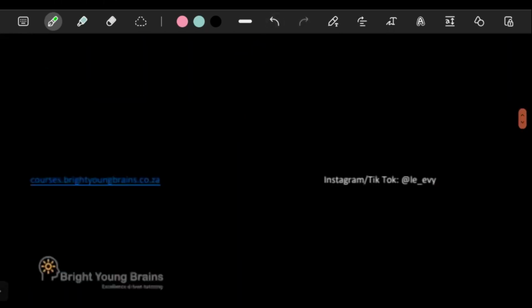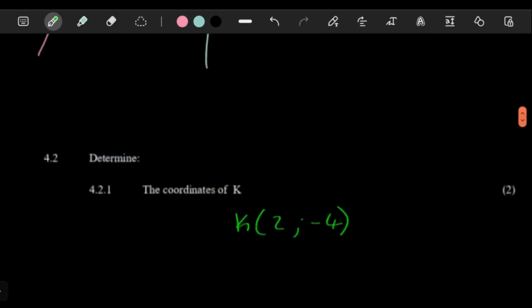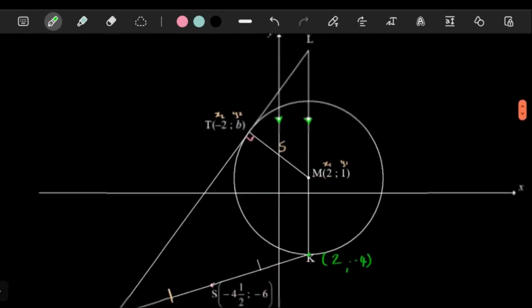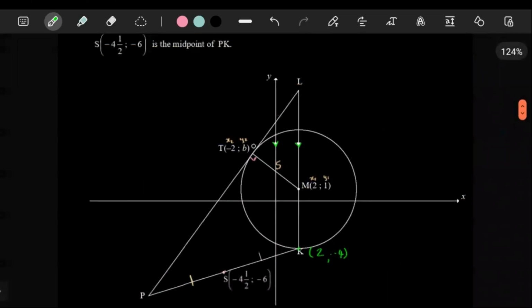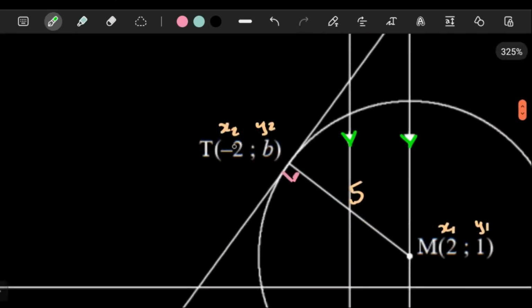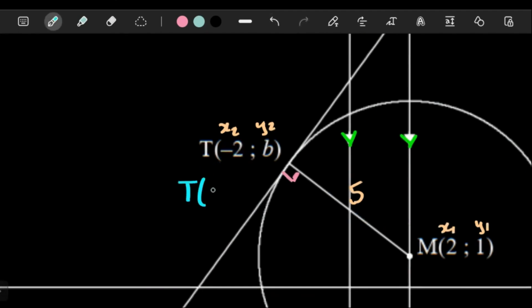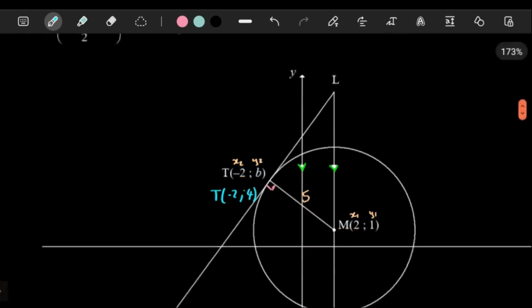The next one says to get the equation of the tangent LTP in the form y equals whatever. Where's LTP? What's going to make our life so much easier is that we have B, because at least we have a coordinate that the line passes through.